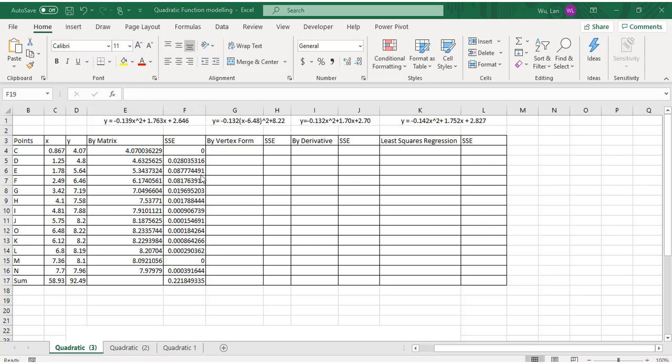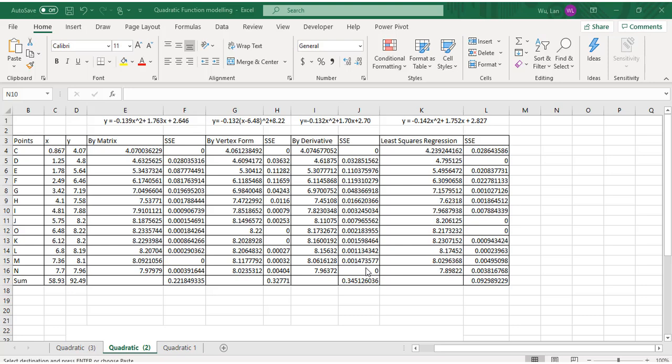You will use the same way to figure out the SSE for the different methods. Then you can compare which one has the smallest SSE. That regression equation will be the best fit.